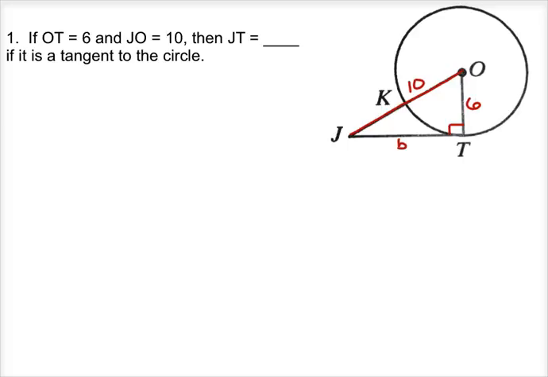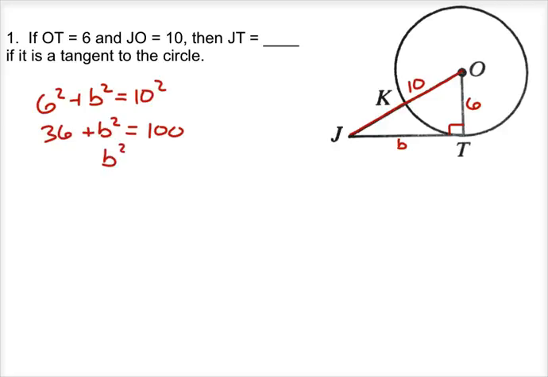I'll call it B. So I have 6 squared plus B squared equals 10 squared. 36 plus B squared equals 100. Subtract off 36: B squared equals 64. Square root each side, and I get 8. So JT is going to equal 8.